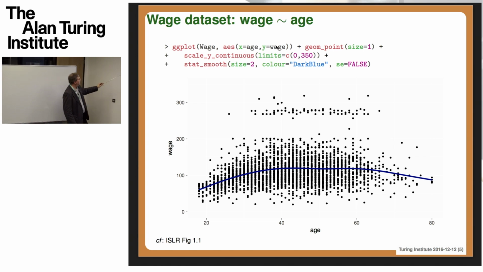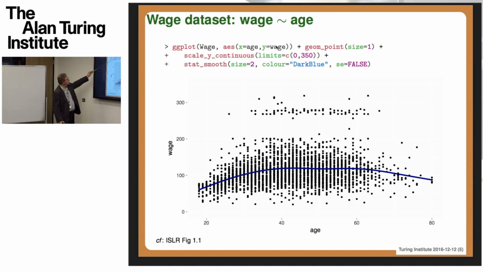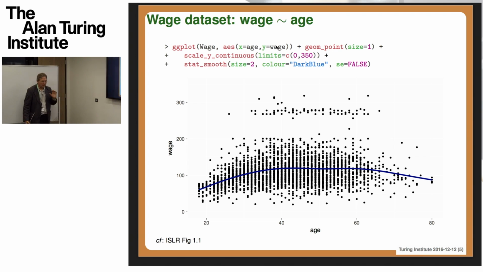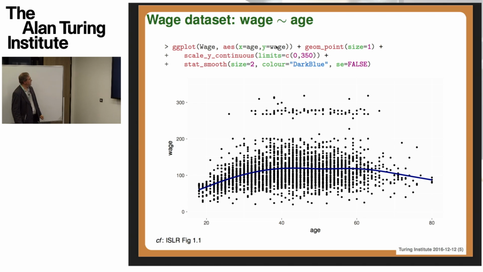Here I've added a few other facilities to augment this plot. I'm controlling the way the y-axis is described. On the y-axis, I'm forcing the limits to be 0 at the bottom and 350 at the top. Otherwise it would choose its own limits. It usually has good defaults, but if you want to override them, you can do it that way.